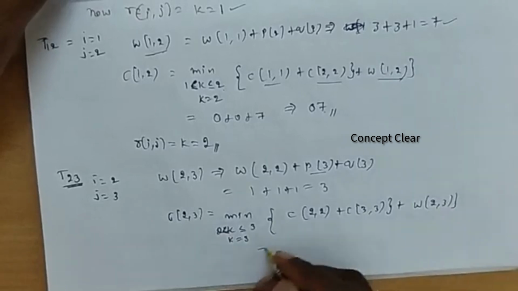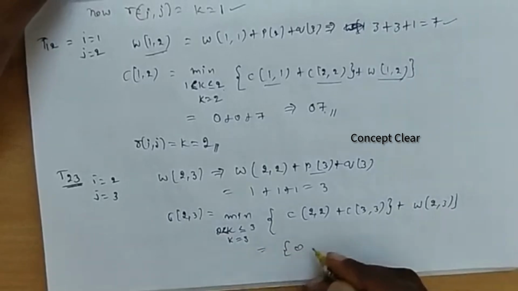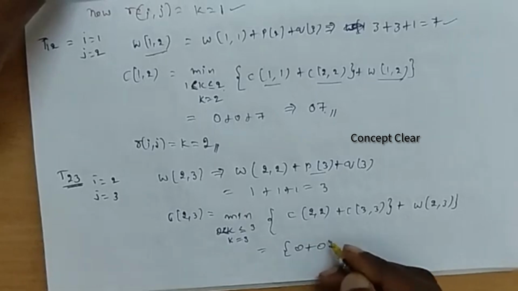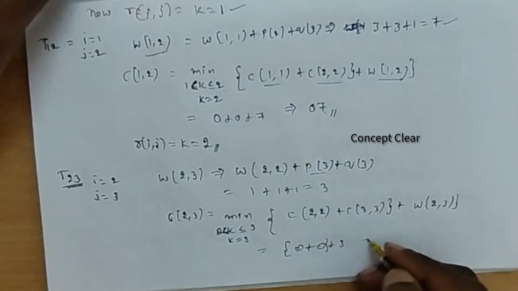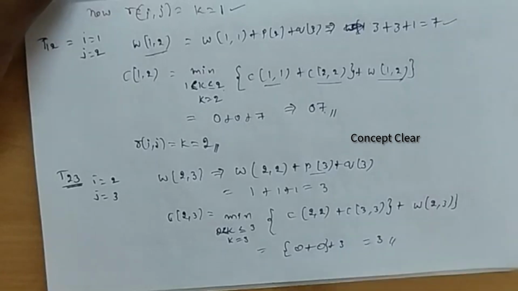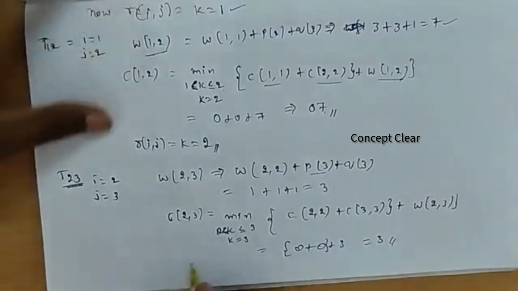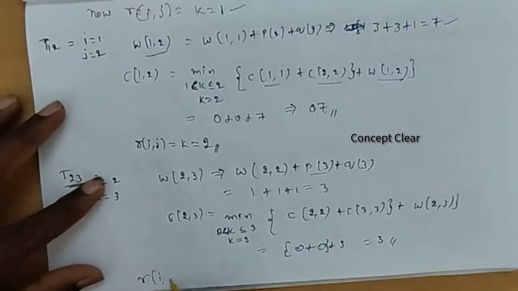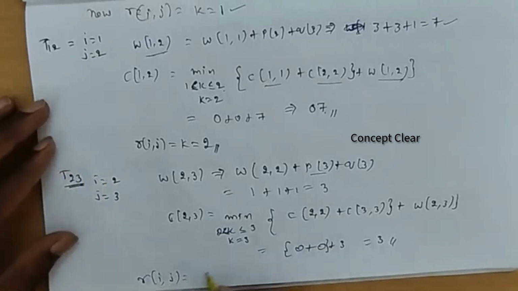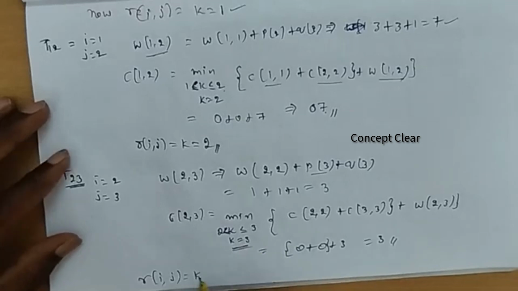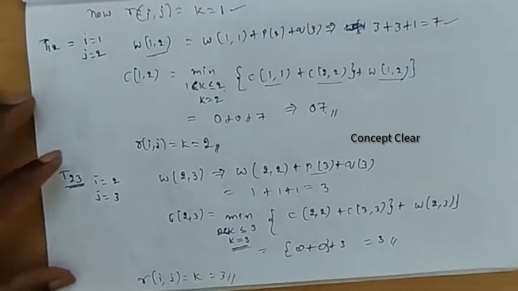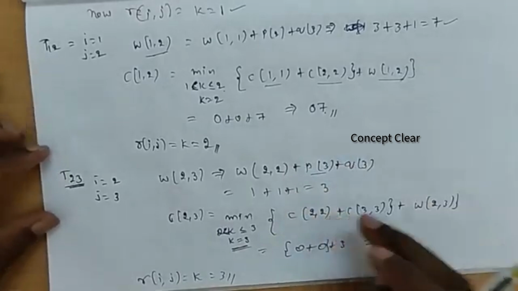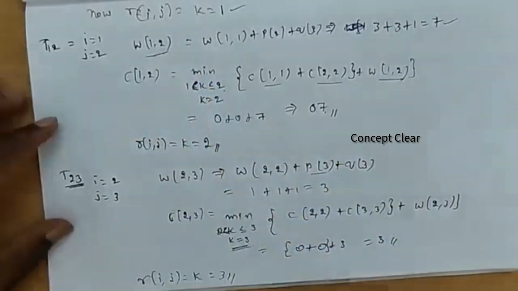What is the answer here? 0 plus 0 plus 3, that equals to 3. C of 2 comma 3 is also 3. So what is the R value? R of I comma j. In this term we consider K equals to 3, so here also K equals to 3. Every term we have to update C value, W value, R value.